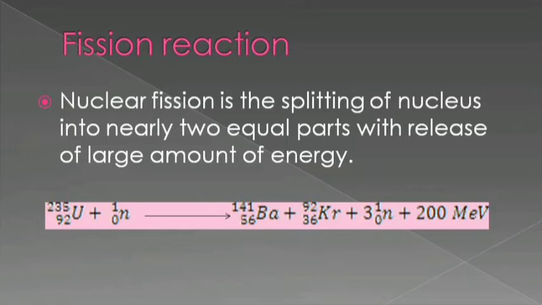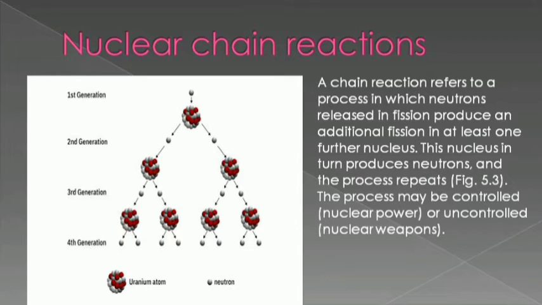Such reactions create nuclear chain reactions. A chain reaction refers to a process in which neutrons released in fission produce an additional fission in at least one further nucleus. This nucleus in turn produces more neutrons and the process repeats.